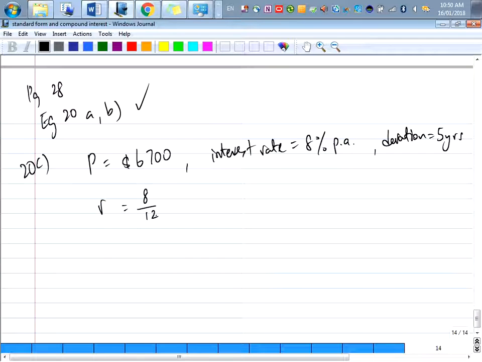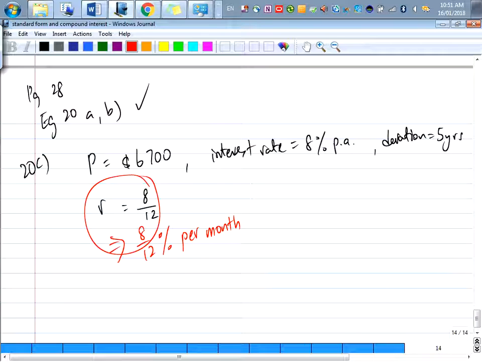So in 1 month, it will be 8 divided by 12. Any questions for the value for R? No? Okay, so this is, in other words, 8 over 12% per month, because in this question, 1 month is 1 period.